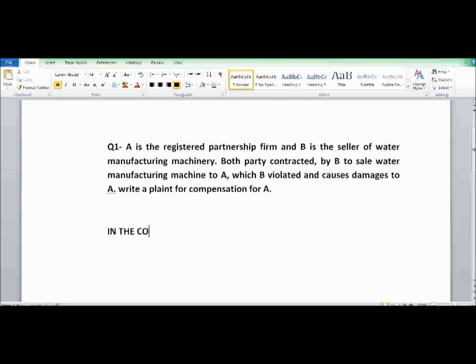In the court of, there will be the name of the court and the place where the court is situated. Now in the second line, write the suit number. Leave it blank so that the court will itself put a number on it in the series.